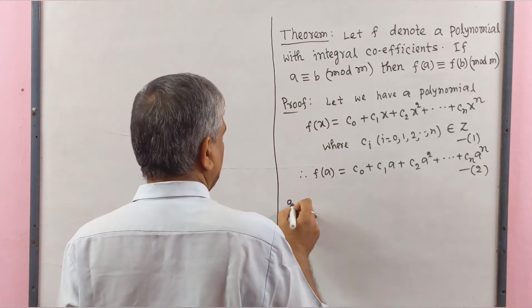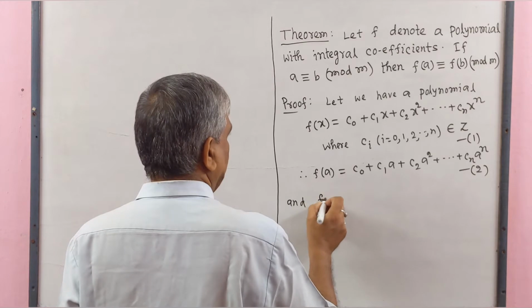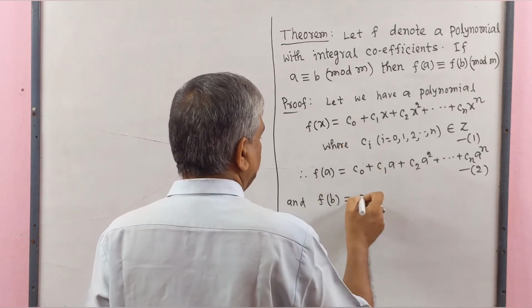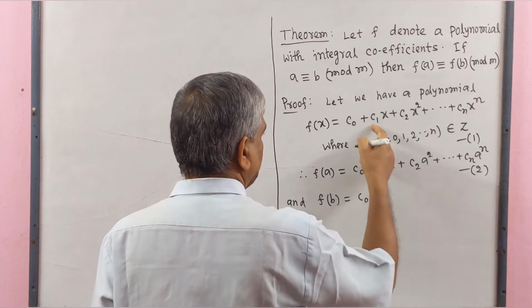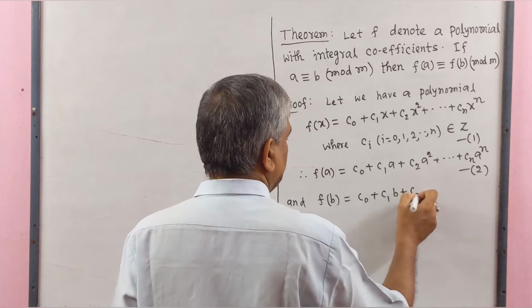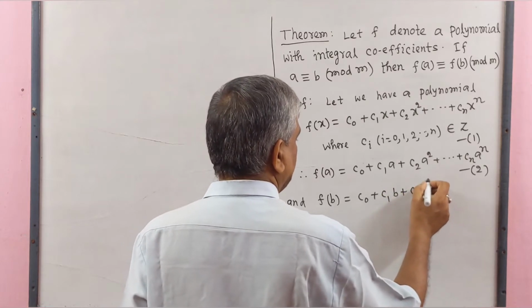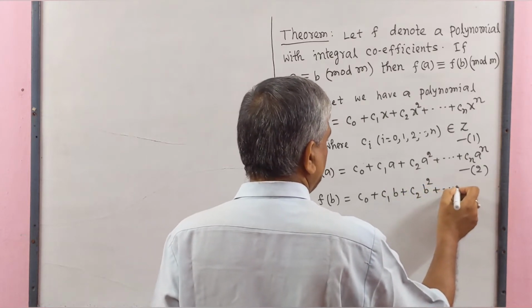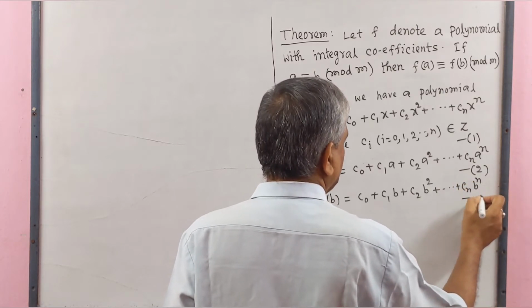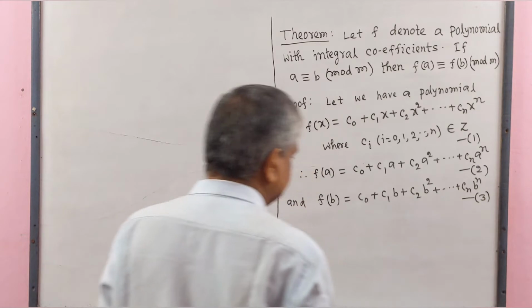And f(b) equal to c0 plus c1b plus c2b square plus dot dot dot plus cn b to the power n. This is number 3.